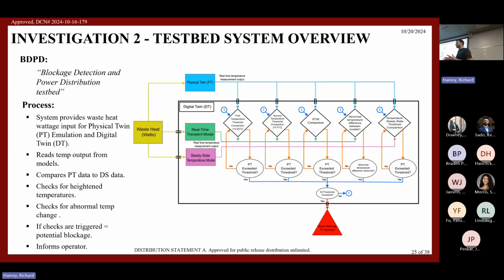is, well, the 4th one is, are you seeing a decrease in temperature within the other converters? The theory behind this is, well, let me explain.